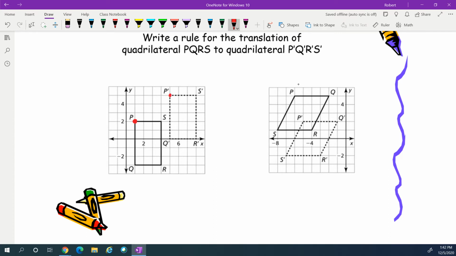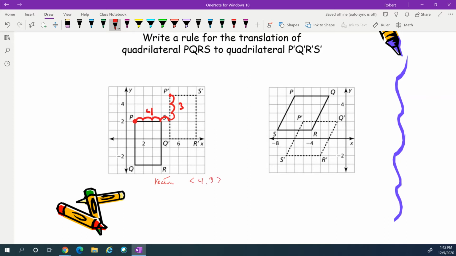So let's see. I'm going to go 1, 2, 3, 4 in the X direction, 1, 2, 3 up in the Y direction. So my vector is very simple. My vector is already 4, 3.